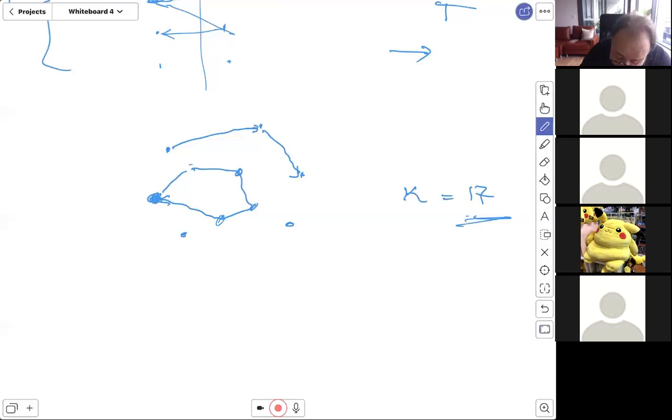Of course, bipartite graphs are periodic graphs with k equal to 2, right? Namely, for all closed loops, the number of vertices has to be even to return back.